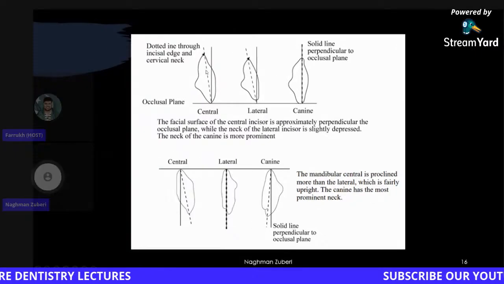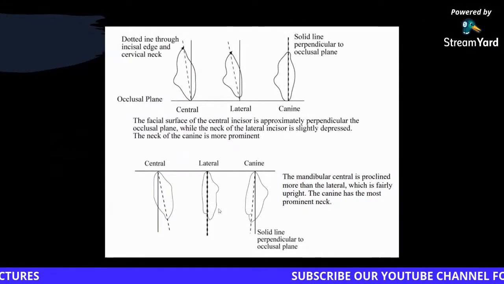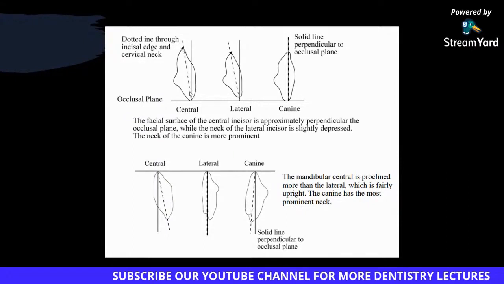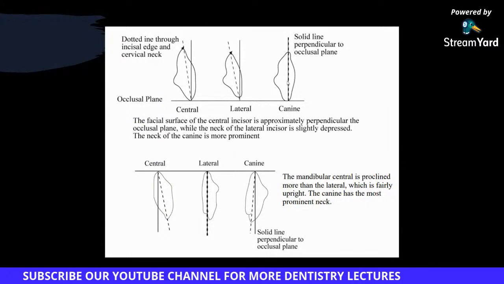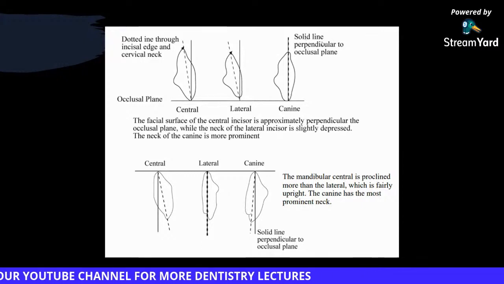So if we look at the upper and lower anterior teeth setup, the dotted line through the incisal edge and cervical neck, you can see this is the central, this is the lateral, and this is the canine. And the solid line is the perpendicular to the occlusal plane.